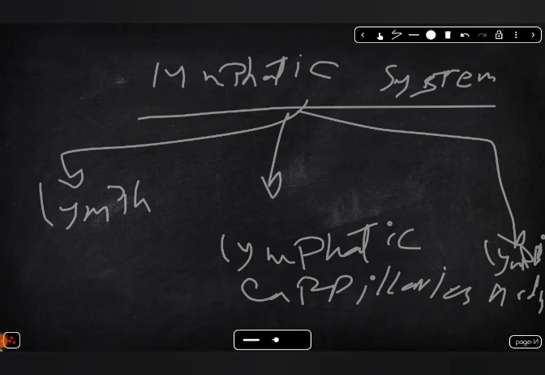They are filters found at certain points along the lymphatic vessels. They trap and destroy the microbes by the white blood cells produced by them. Lymphatic nodes are very important to destroy the microbes by the white blood cells that are produced by them.